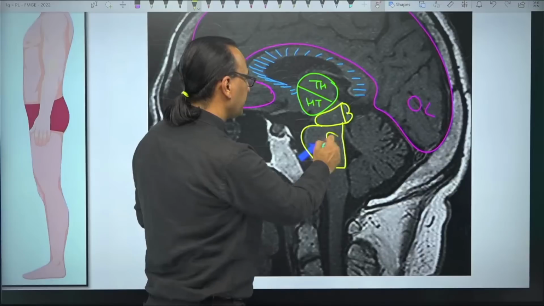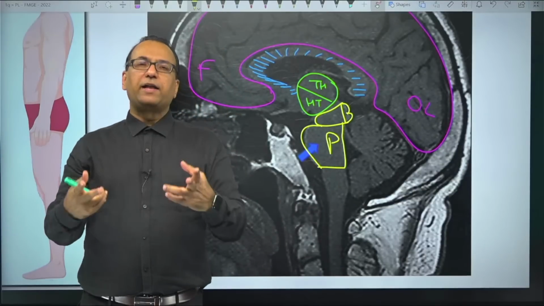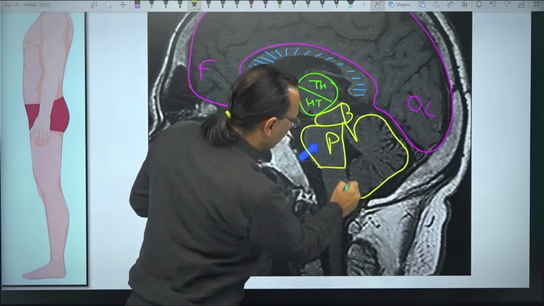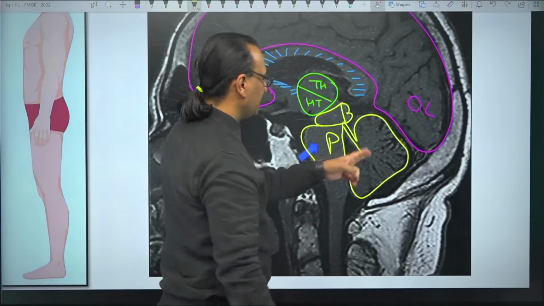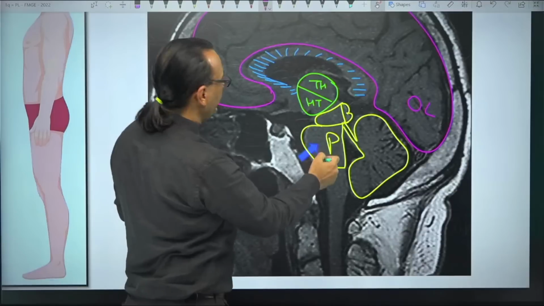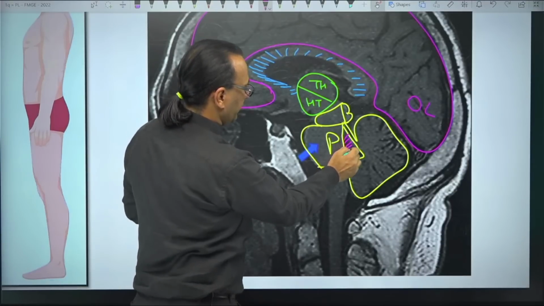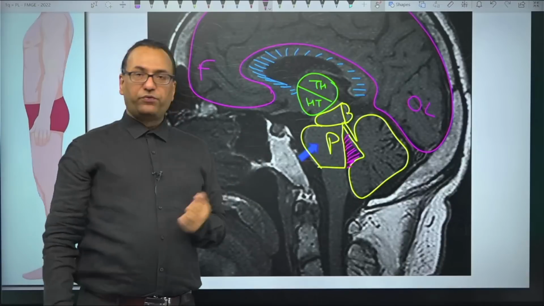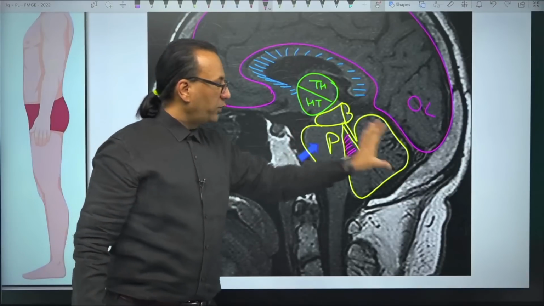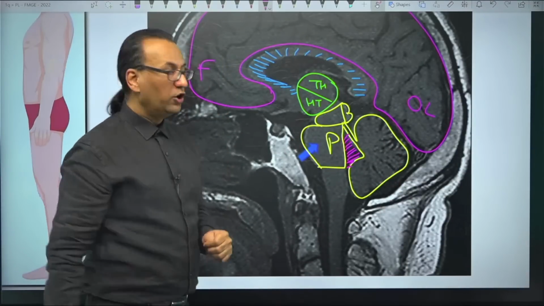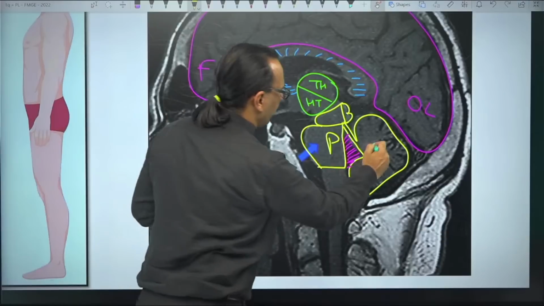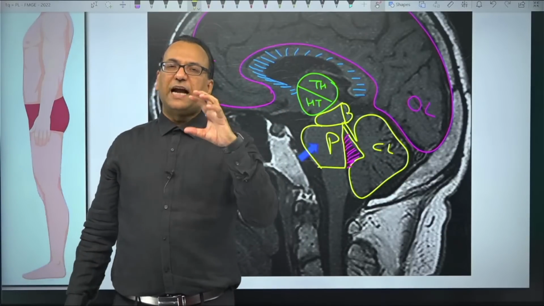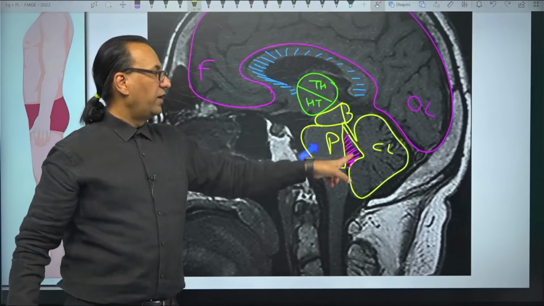Now, if you say this is the pons, what is behind the pons? It is the cerebellum. This is the cerebellum. And what is sandwiched between the pons and cerebellum? Pons anterior as the floor, cerebellum posterior as the roof, sandwiching the fourth ventricle filled with CSF.